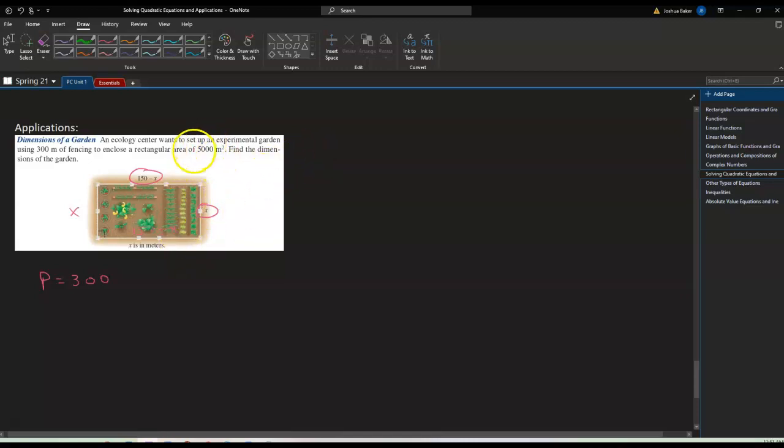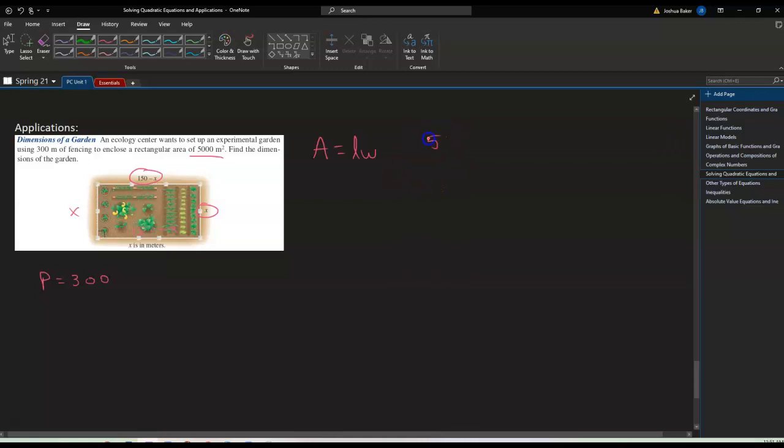The other thing that we know is that we've got an area here of 5,000 square meters. Okay? Area for a rectangle is length times width.